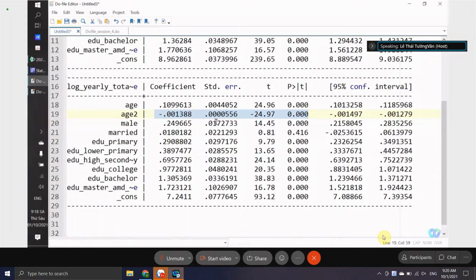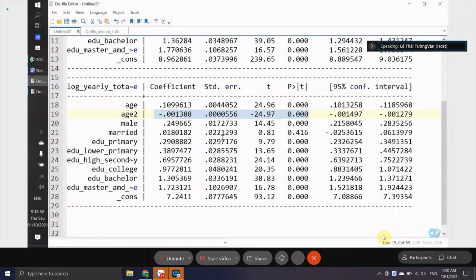Y is equal to ax square plus bx plus c, and a in this case is negative, meaning that it is an inverted U-shaped function.